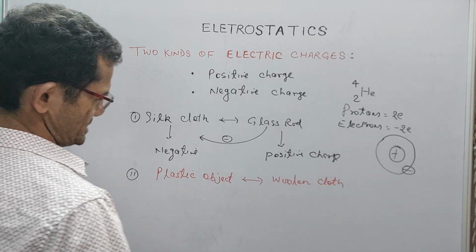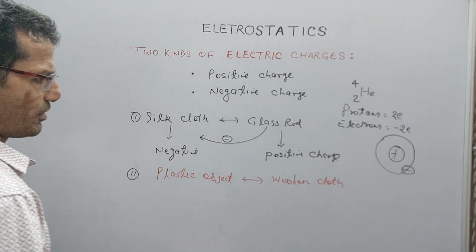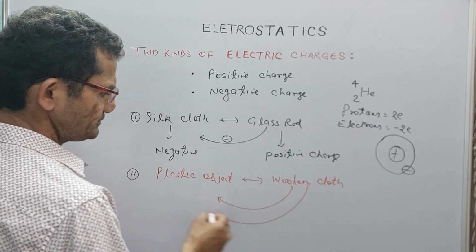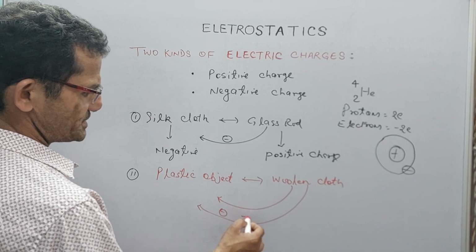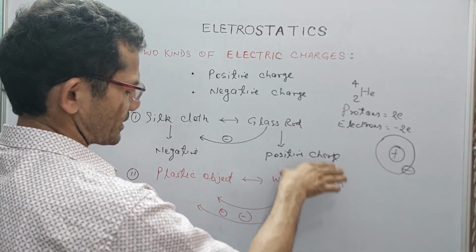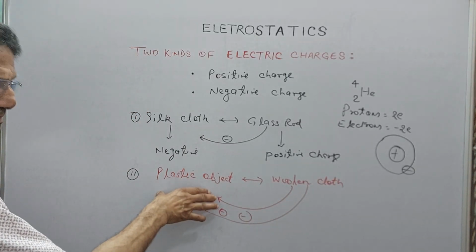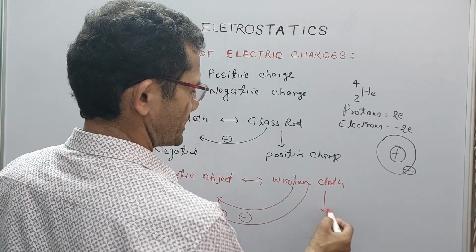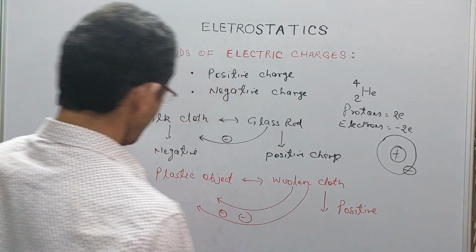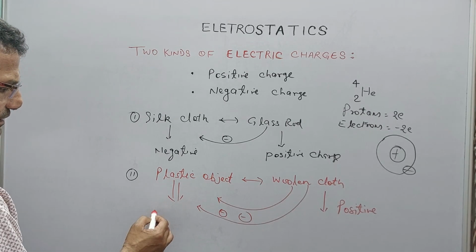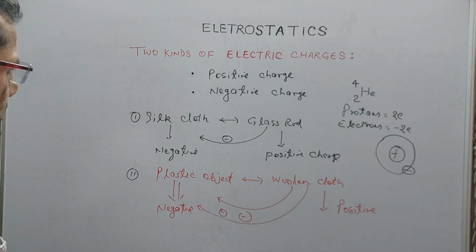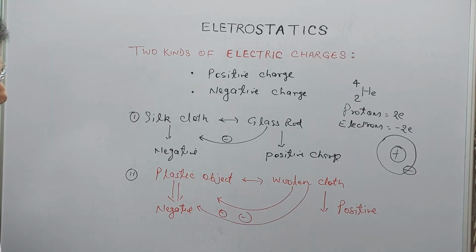In this case, electrons transfer from the woolen cloth to the plastic object. Then the woolen cloth gets positive charge and the plastic object becomes negative. The wool becomes positive because it loses negative charges, and the plastic becomes negative because it gains negative charge.